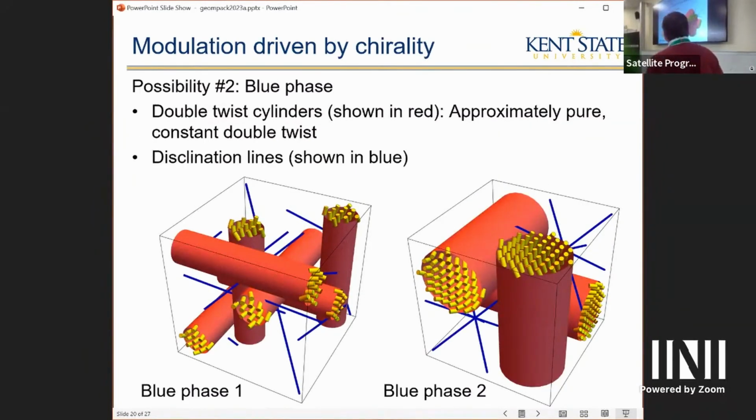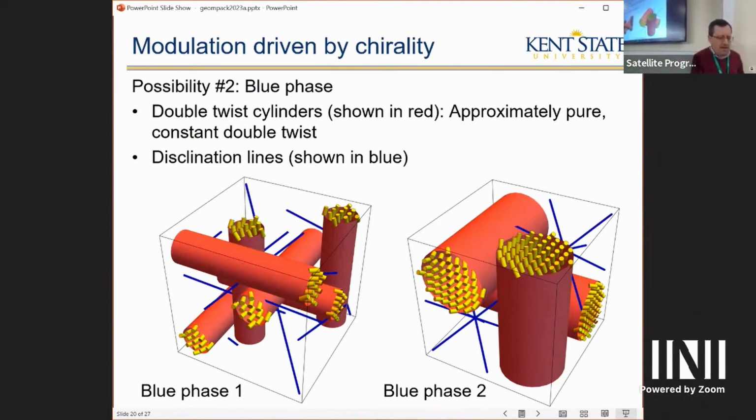Alternatively, a less common, but still experimentally realizable situation is that the liquid crystal can make a blue phase. So that's a phase that has a bunch of tubes like this, which have approximately pure double twist. Okay, so from the center of the tube going out towards the periphery, the director's twisting around like that.